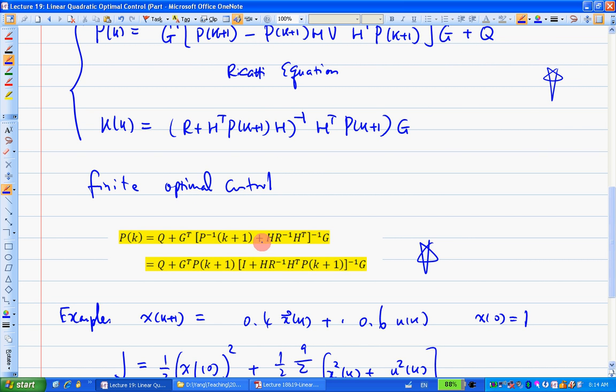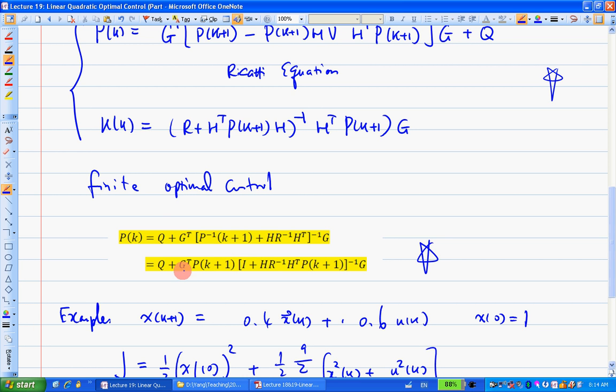Backward means you're not starting from k equal to 0. The starting value is how much?